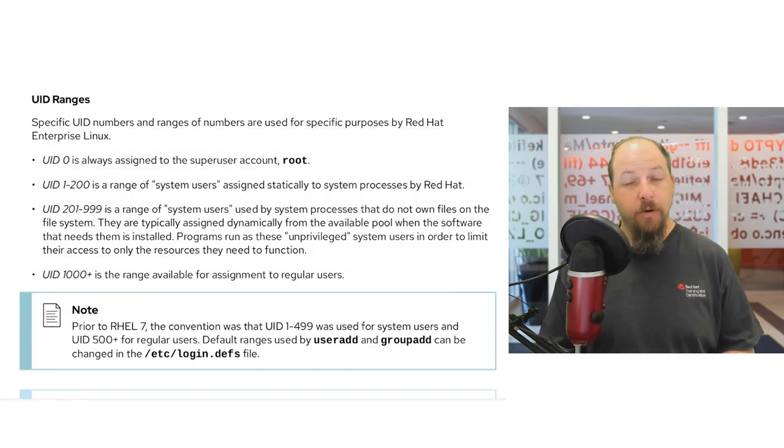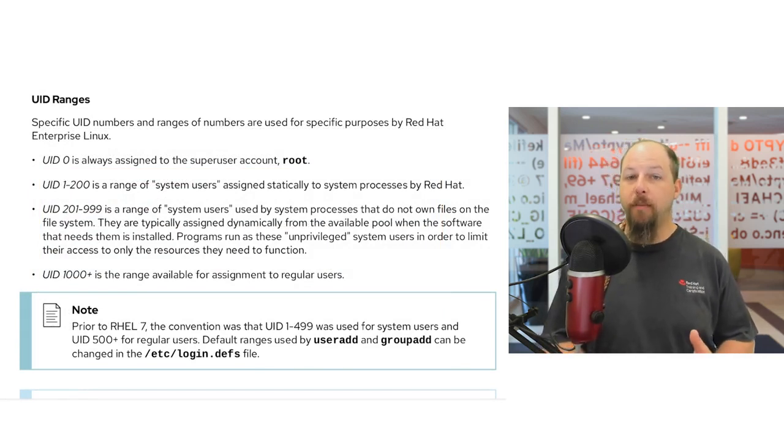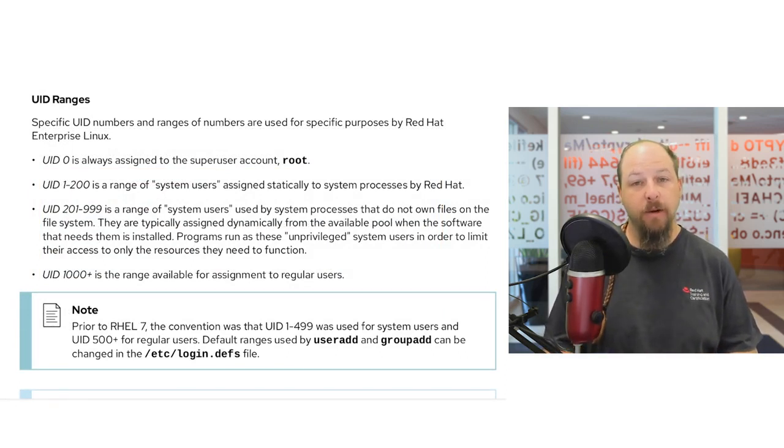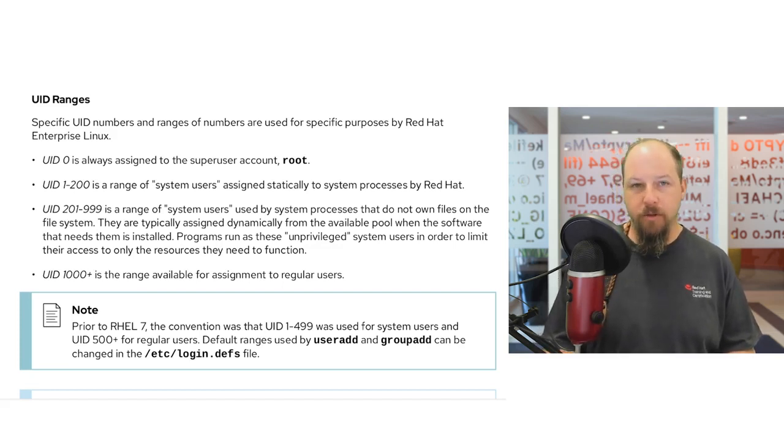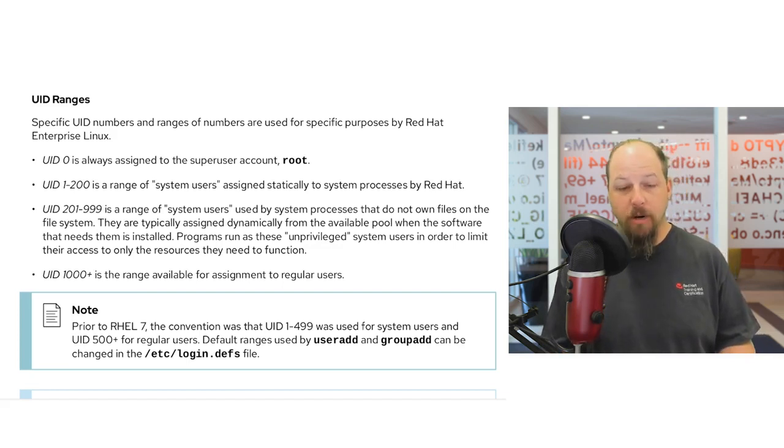Each user has a unique user identification number. These UID numbers have specific meanings based on the ranges that are assigned throughout the operating system. The root or superuser account will always be assigned UID 0. UIDs 1 through 200 are reserved for system users, or the users that will be required to run specific applications and processes.